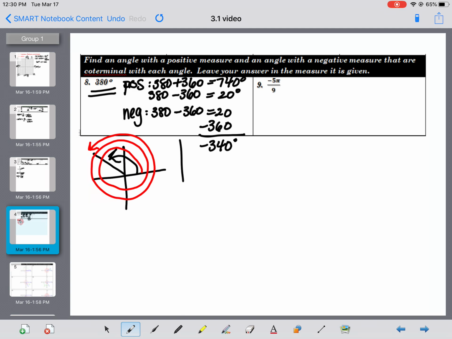Now, sometimes you'll be asked to write an expression that represents all coterminal angles.